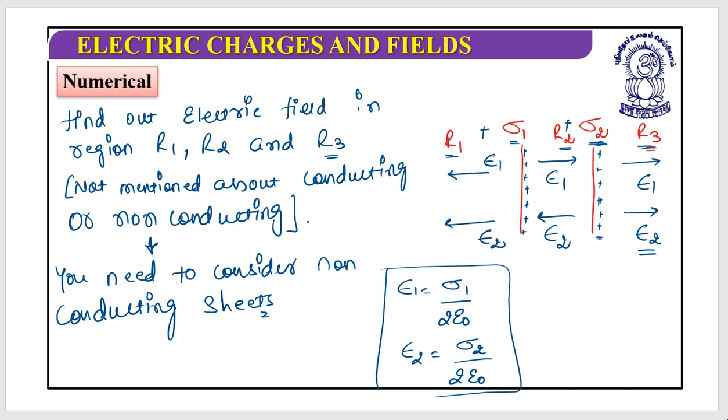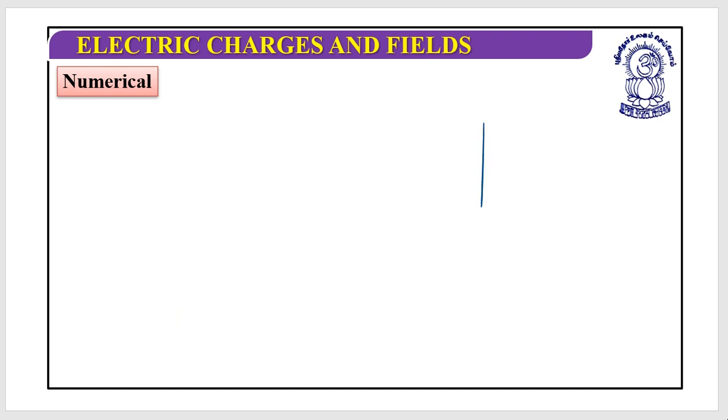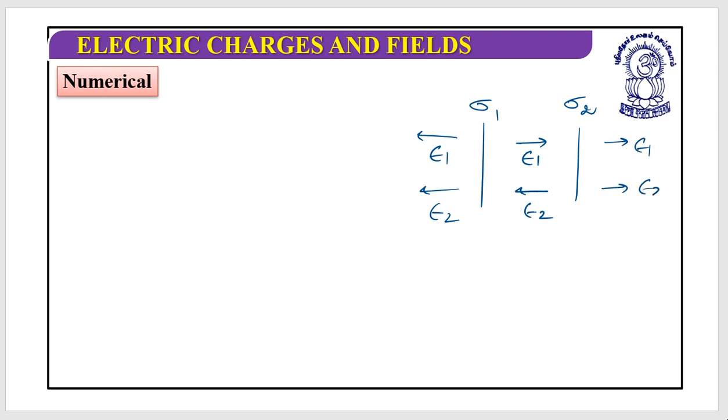Now I need to find out the electric fields in these regions. Shall I redraw this? This is sigma 1, this is sigma 2, this is the direction E1 and E2, this is E1, this is E2, and this is E1 and this is E2. This is region 1, this is region 2, and this is region number 3. That is all we have discussed up till now.